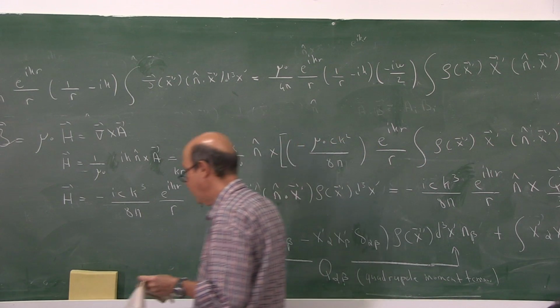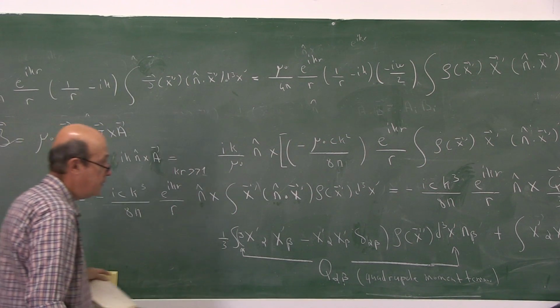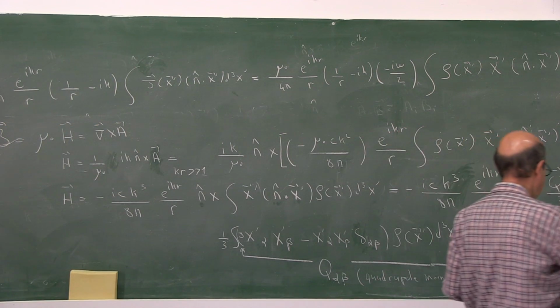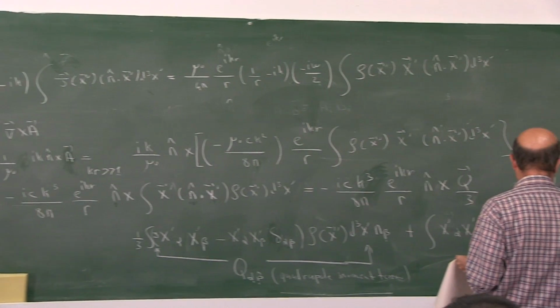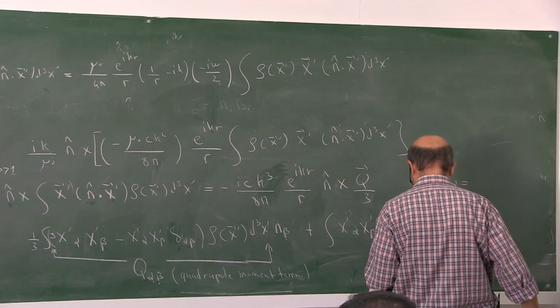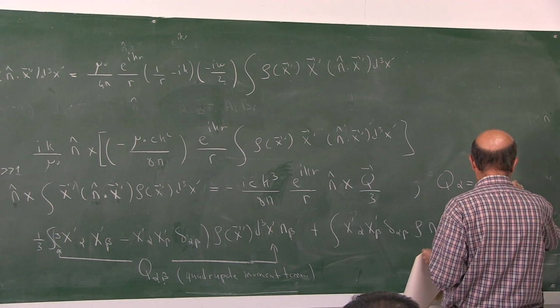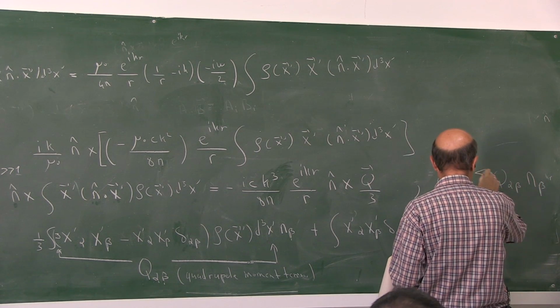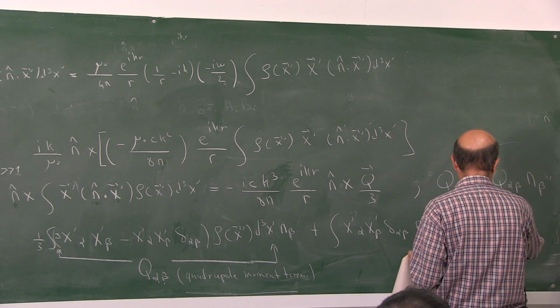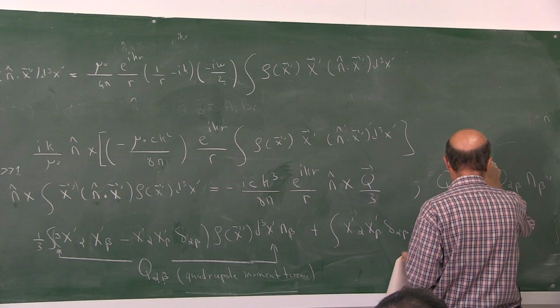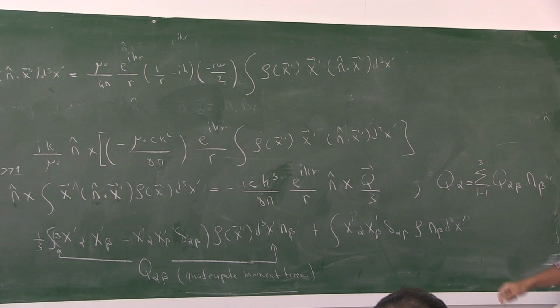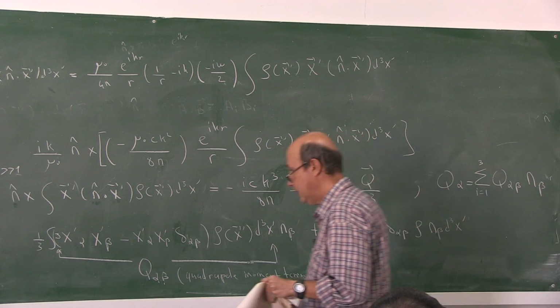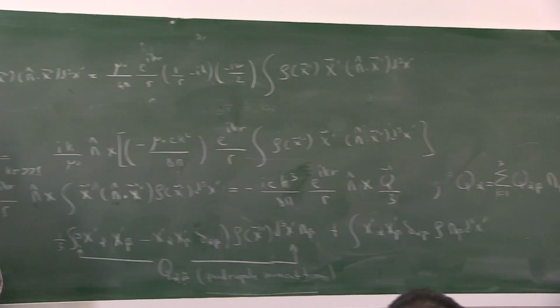And Q alpha is the sum over Q alpha beta n beta. In a normal presentation, I should put a summation, i from 1 to 3. I skipped the summation over there, but I put it here. So this is a quadrupole moment tensor.